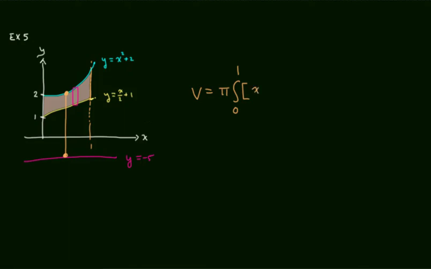So x squared plus 2 minus a negative gives us plus 5 for our outer radius, minus the inner radius, the line minus the axis of revolution, which is x over 2 plus 1 minus negative 5, that is, plus 5, quantity squared, thickness dx.